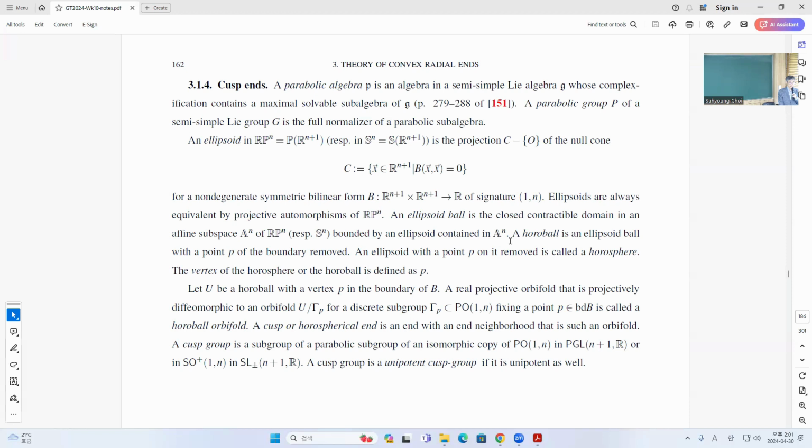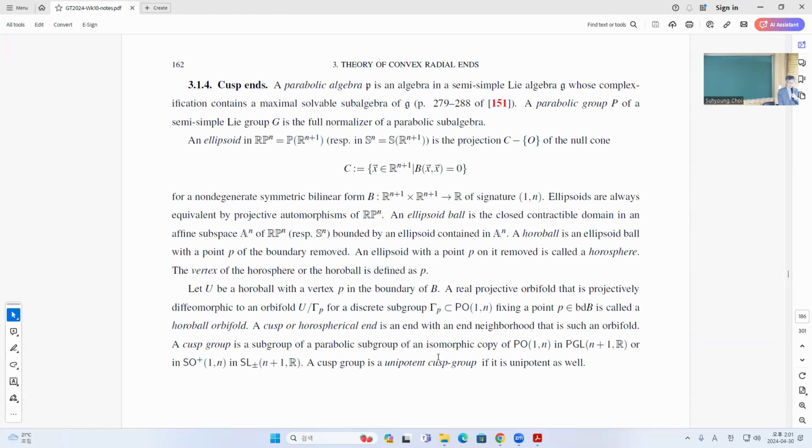Then PO(n,1) acts on this B. If you take a discrete group acting on this, that is called the hyperbolic orbifold.